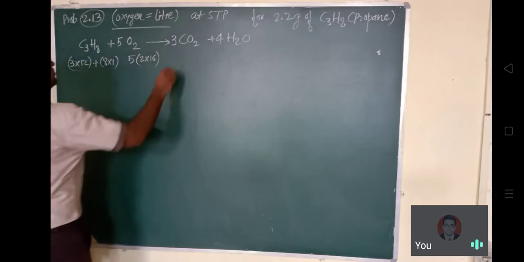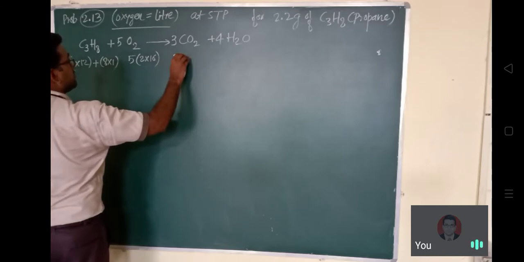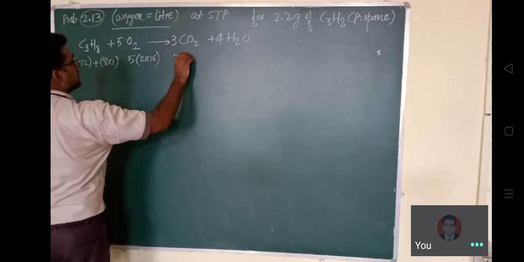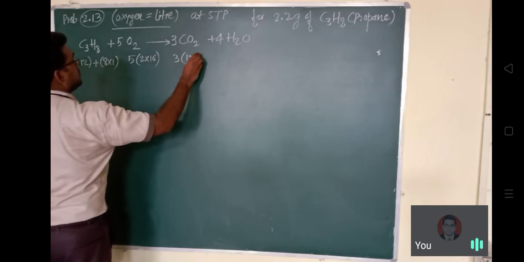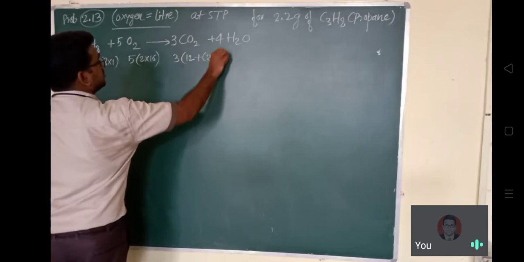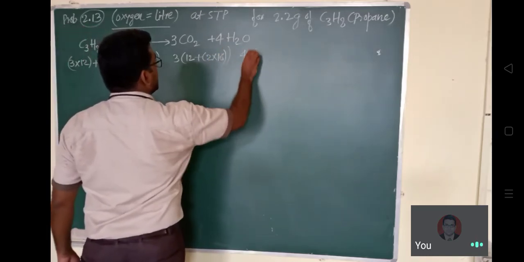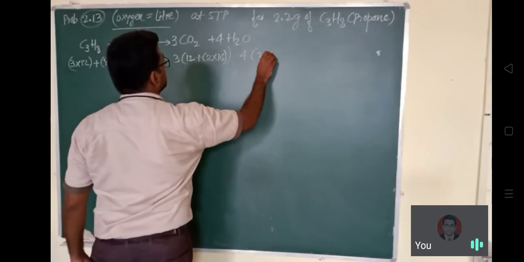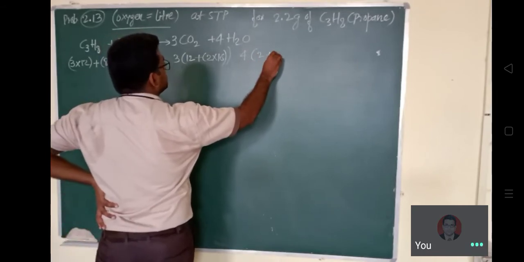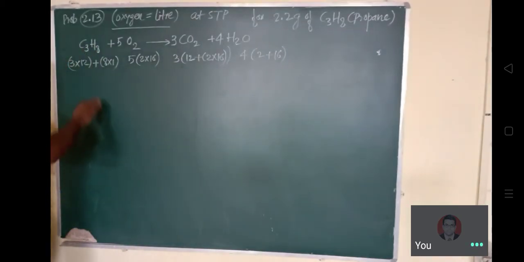Then 3 multiplied by carbon, 12, plus 2 into 16. Same for 4 hydrogen, 2 atoms, plus oxygen 16, 1 atom. In this way we can find out the mass in terms of grams.